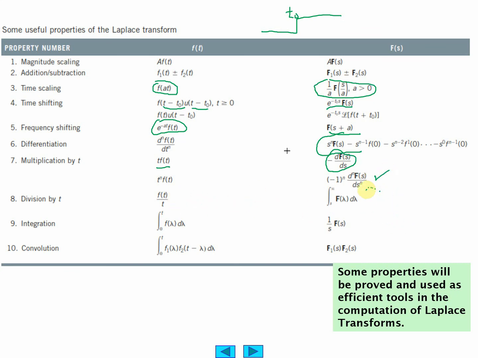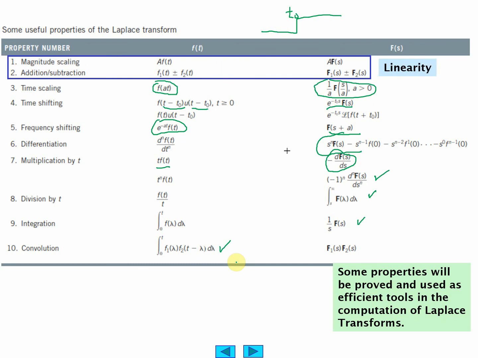Division, there we go. The integral, and we haven't defined lambda yet. I don't see where lambda is defined. It is some sort of t0, evidently. Okay, convolution. Last one, convolution.